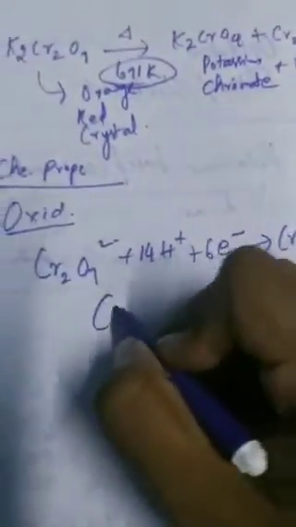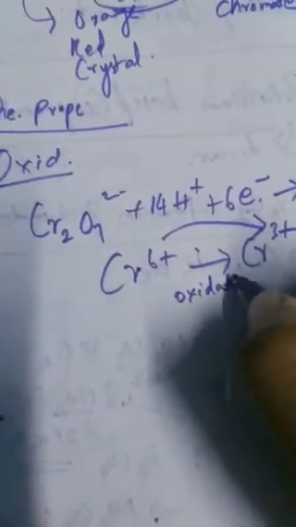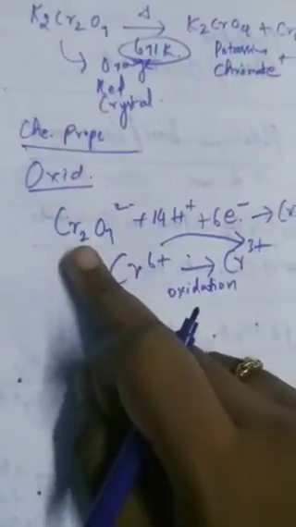That is, Cr6+ will change to Cr3+. This is called the oxidation state. There are so many examples given for oxidation by dichromate. You can read it in the book for further equations.